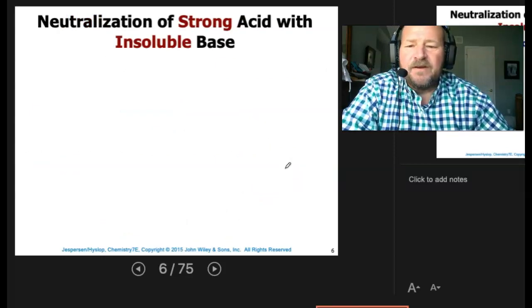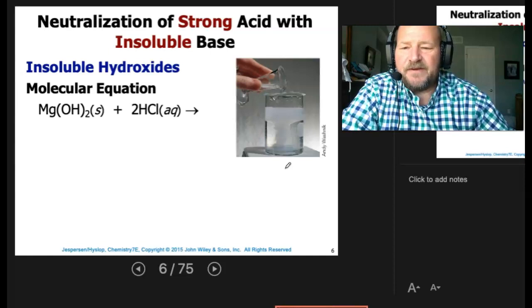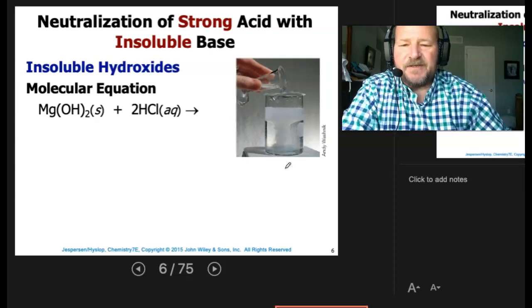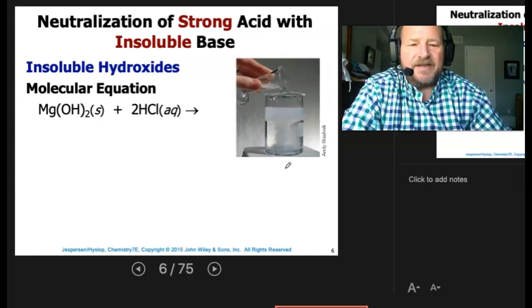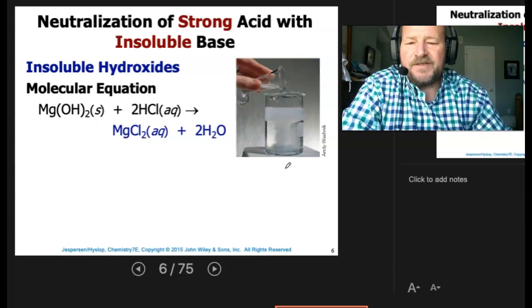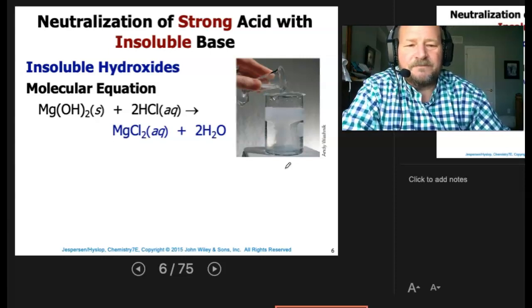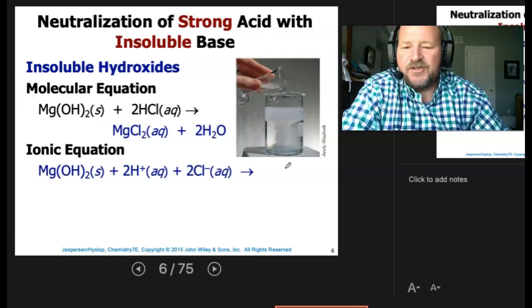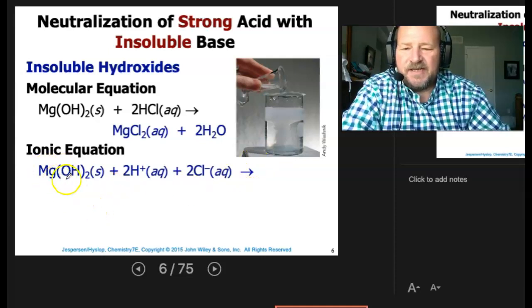Now, strong acid with an insoluble base. If we have an insoluble hydroxide like magnesium hydroxide and add HCl to that, we're going to force that reaction to create water. In the ionic equation, we'll have that magnesium hydroxide as a solid, because remember, it's insoluble. It's not going to dissolve into water.